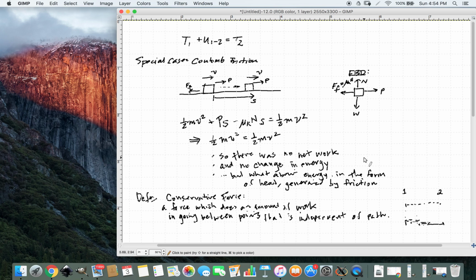Why? Because the work that was done was not independent of path. That force times that distance added up to more down here. When we were moving to the right, the force was, in the case of P, to the right, so we were doing positive work. When we switched around and we were moving back left, the force was in the negative direction. I'm assuming that rightward is positive.